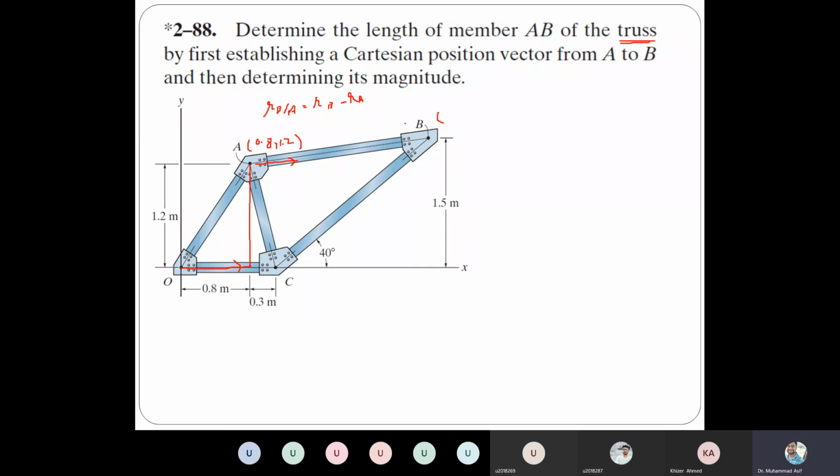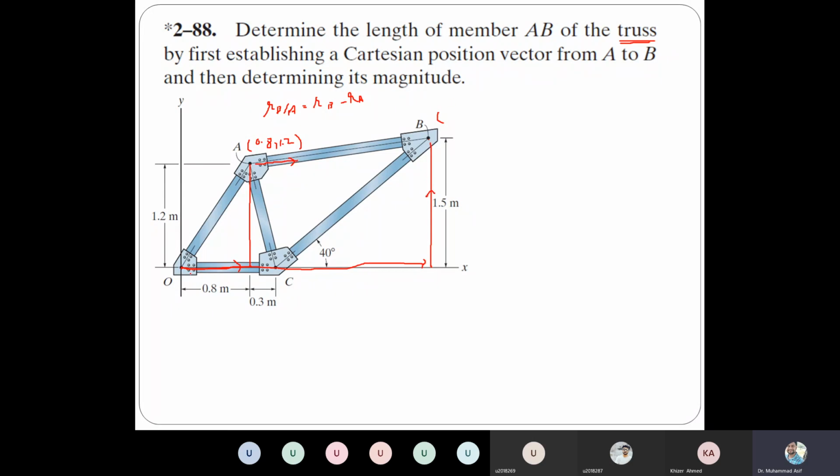What about the position of B? How can we reach point B? Again, we start from the origin and move up to here, and then from here we move in the vertical direction.